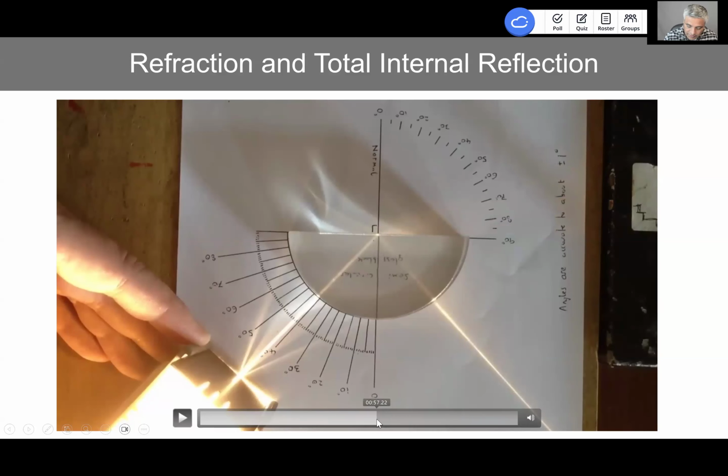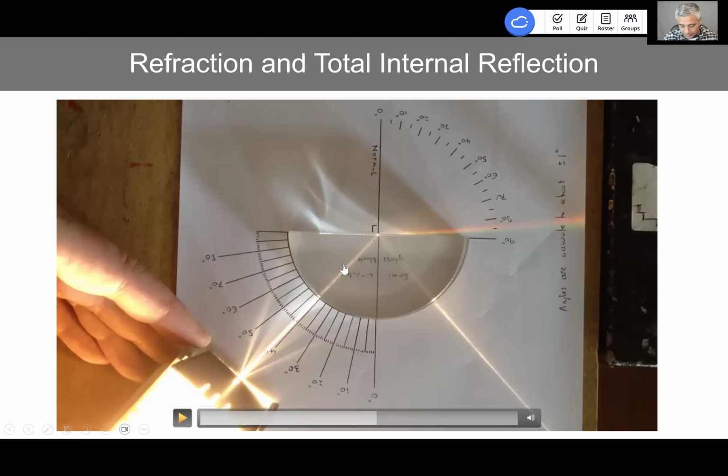So around here, you see, this refracted ray is making 90 degrees, and a lot of light is reflected. The angle of incidence at which the angle of refraction becomes 90 degrees is a critical value. So this angle of incidence is also called the critical angle. In this case, it is slightly more than 40 degrees.